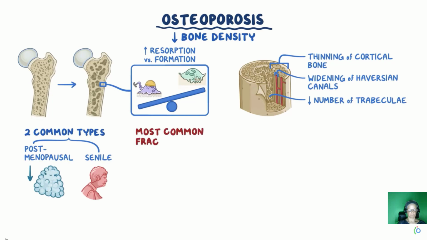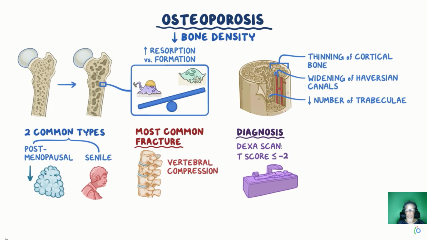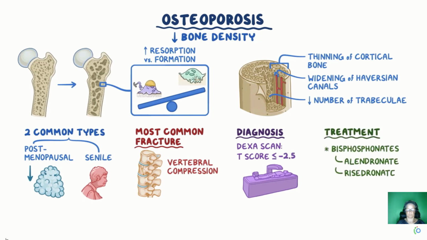The most common type of fracture in osteoporosis is a vertebral compression fracture. Diagnosis is done with the dual energy X-ray absorptiometry, or DEXA scan, where a T-score equal to or less than negative 2.5 equals osteoporosis. First-line treatment relies on bisphosphonate drugs like alendronate and risendronate.